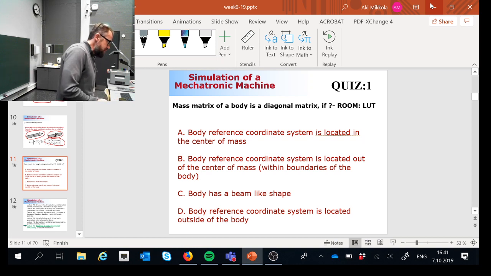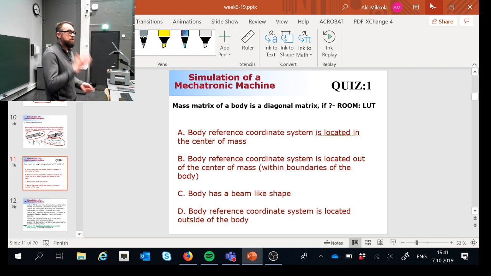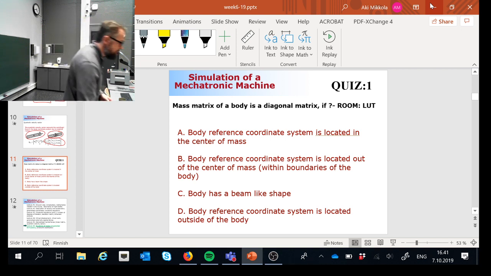Option B: body reference coordinate system is located out of the center of the mass, but within the boundaries of the body. Body has a beam-like shape. Then the final option: body reference coordinate system is located outside of the boundaries of the body. Four options, one is correct.